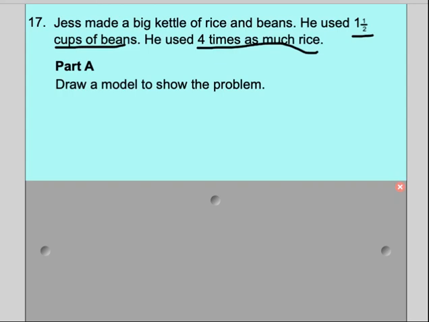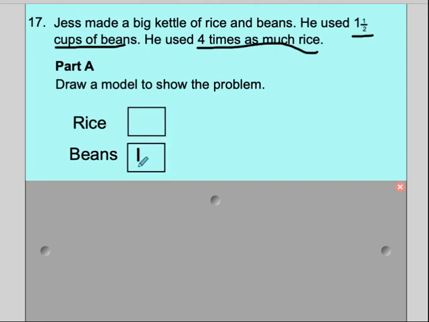Okay, so I know I'm going to be drawing a model for rice and beans. Okay, and I know, oops, I don't want a circle. I want a rectangle. All right, for the rice, he used 4 times the amount of what he did for the beans. So for the beans, I know he used 1.5.